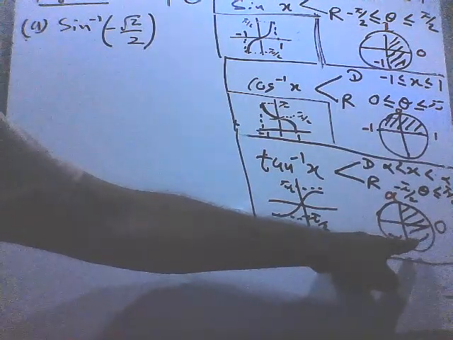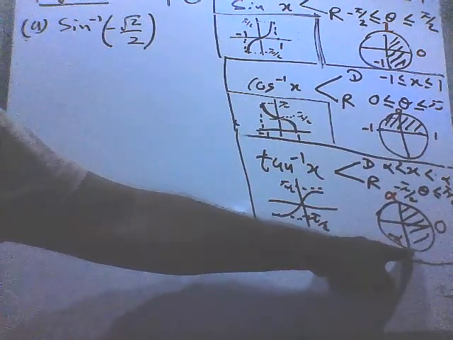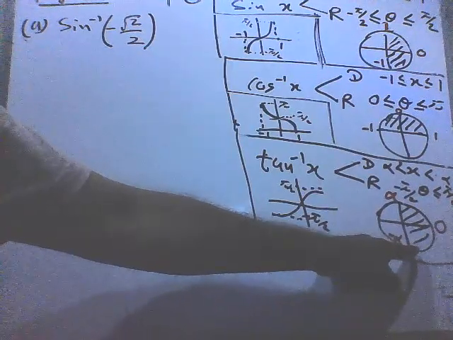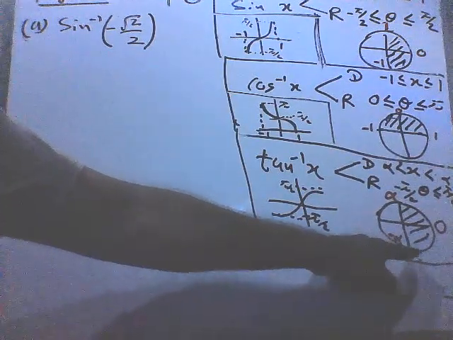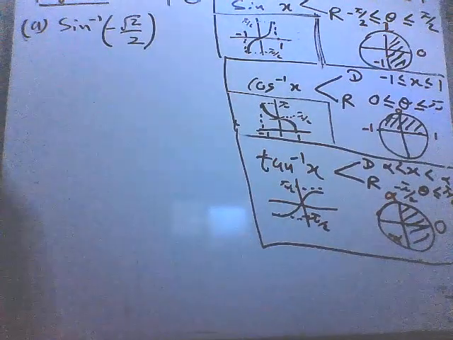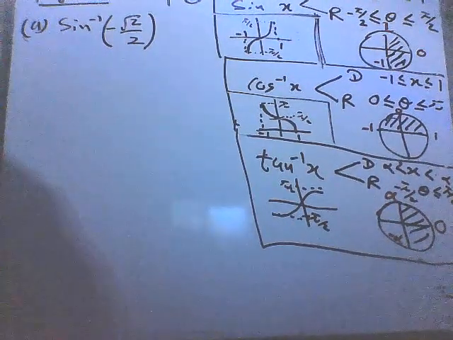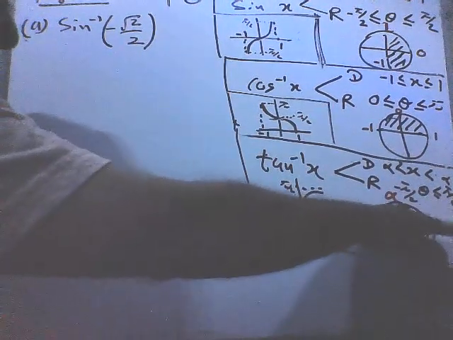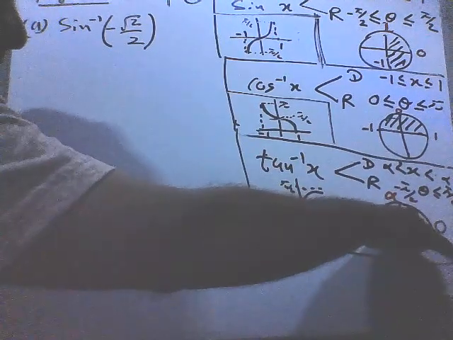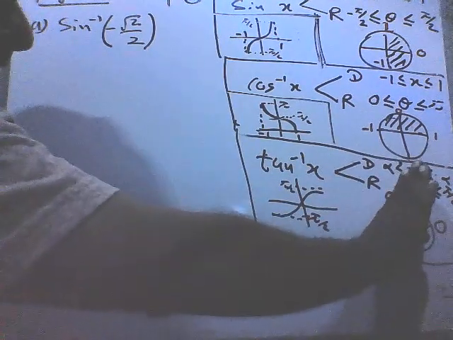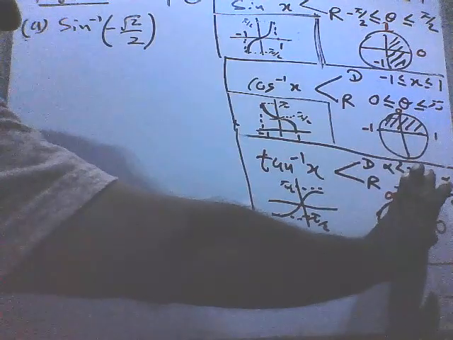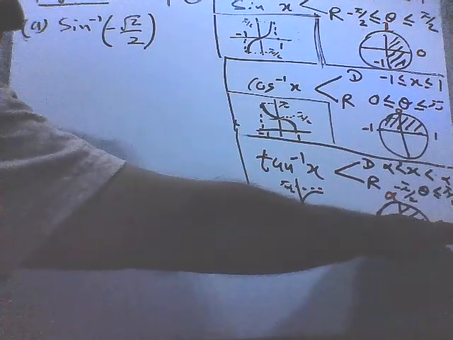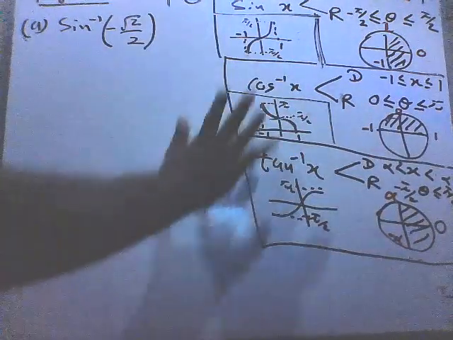So when we have the input as minus infinity, we are not here, but then it is minus pi over 2. If it is plus infinity, it is pi over 2, and if it is 0, then it's 0. So all the things are here.